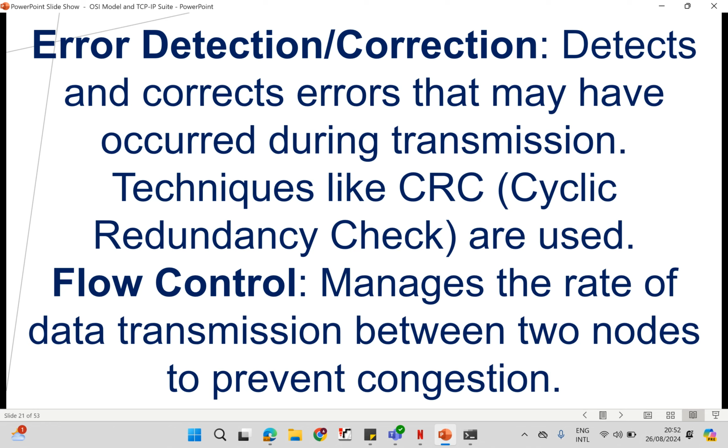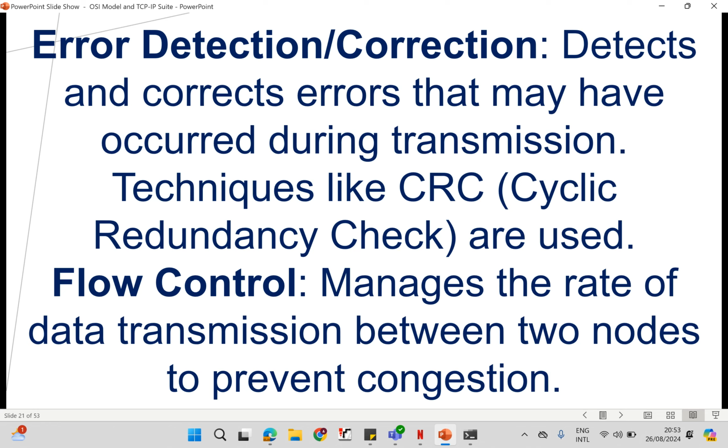And flow control manages the rate of data transmission between two nodes to prevent congestion. So like I was explaining, if we are using a hub, a hub is like a dummy switch. When we say dummy switch, a switch that is not intelligent, it does not have a CAM table where it can store the MAC addresses of the devices connected to it.